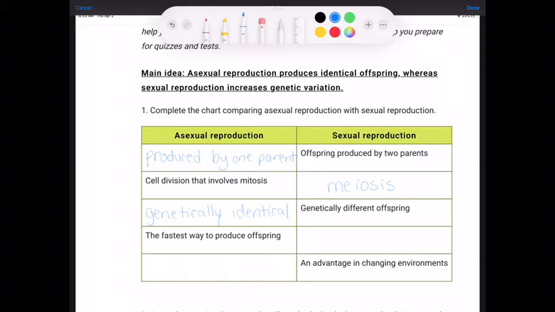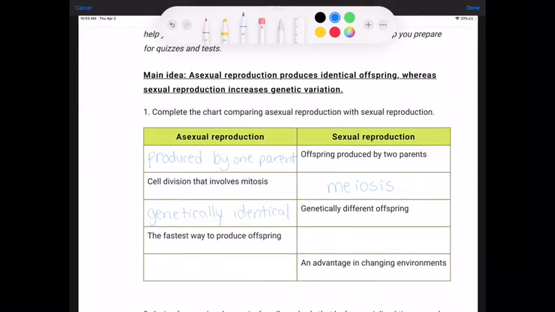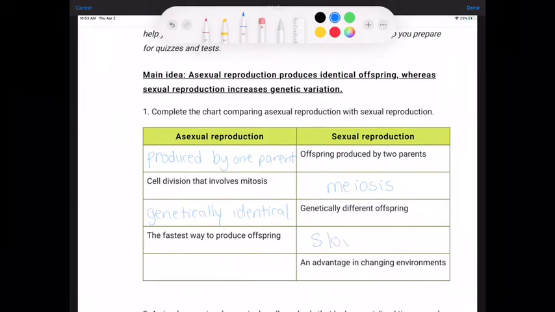The fastest way to produce offspring is asexual reproduction, and you should know that the slowest way is sexual reproduction. Asexual reproduction has an advantage when environments are stable, when things aren't changing in the environment, because the organisms don't have to adapt to anything.